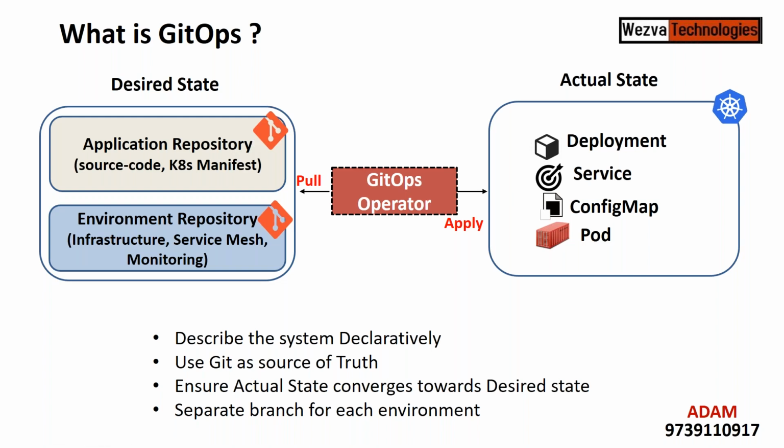So for each environment or each cluster that you have, you put different branches here and store the code. So for example, I can use the master branch for production code. That means anything that I want to deploy into production, I can take from master. For dev, I can create a new branch called dev and maintain all the code. For QA, I can create a new branch called QA and store all the code.